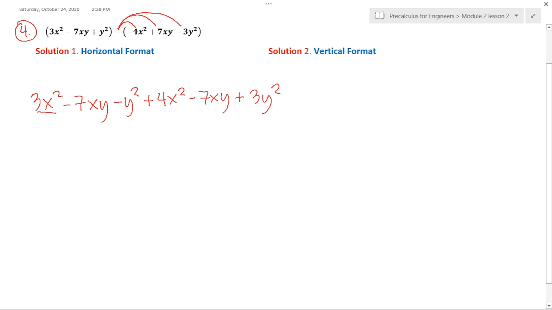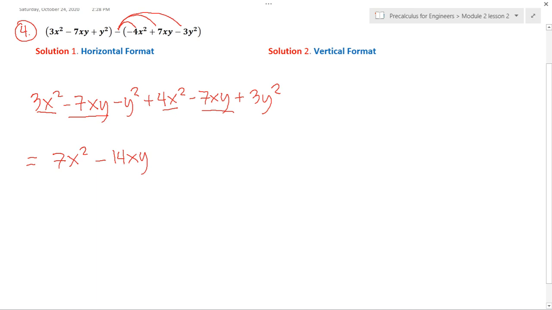May isa ditong x squared, meron ditong x squared, so you have 3x squared plus 4x squared is equal to 7x squared. How about our xy? So we have here negative 7xy and negative 7xy. Therefore, we now have negative 14xy.